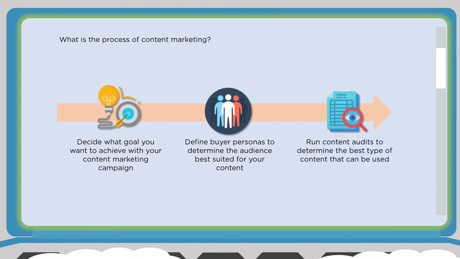And then you want to run content audits to determine the best type of content that can be used. And when we talk about content audits, we're talking about content that's already been posted. Are people sharing it? Are people downloading? Are people viewing it? And so you want to be able to understand over time what people are reacting to so that you can reuse or continue to use that content that seems to resonate with your target audience.